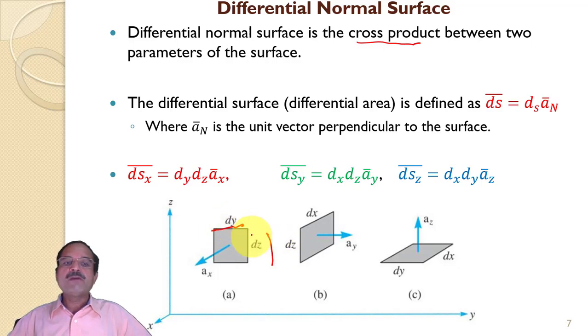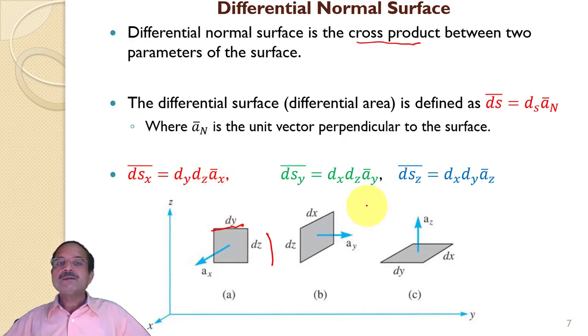The product of dy and dz gives me this area, and the direction of the differential surface element is normal to both, normal to y as well as normal to z, so that is x direction. So this is dsx, that is dy dz ax.